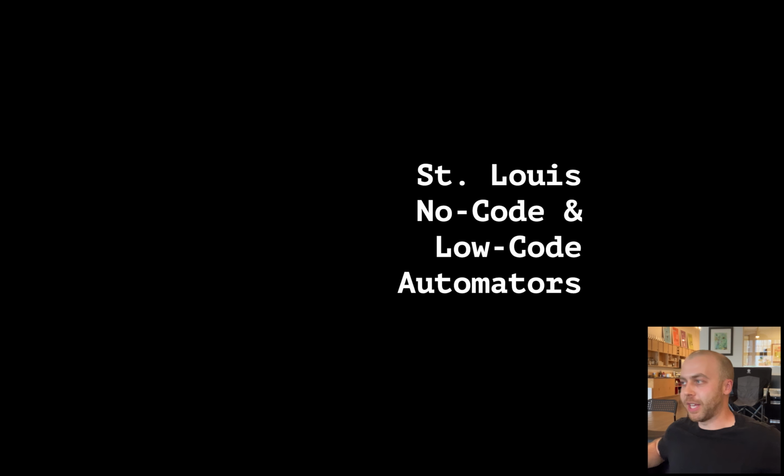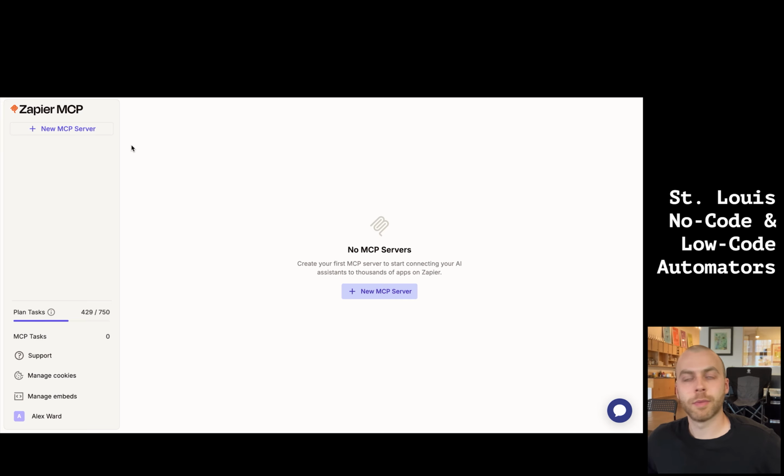But what's nice is, for stuff like this, there's what, 8,000 different apps that Zapier can interact with. In N8N, there are thousands of nodes that you can have.